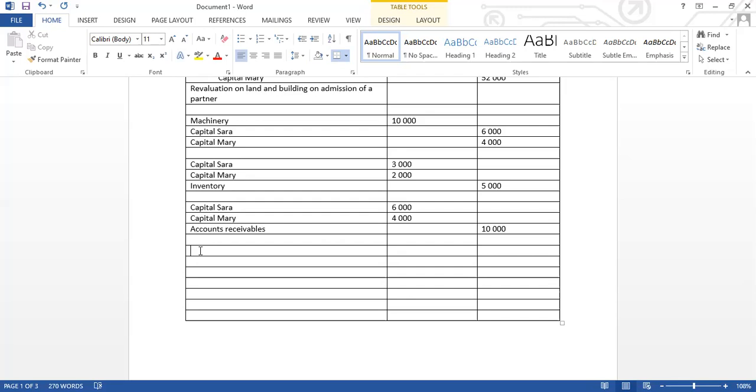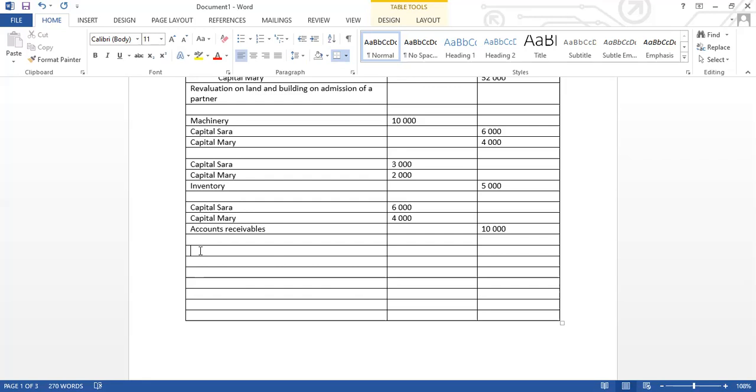In cases where you are told that goodwill is to appear in the new books of the partnership, is it making sense? Yes. So if we want to discontinue the goodwill, we need to share it between the partners that we have. And then if we want to put it back in the books, we have to share it with the new ratio.